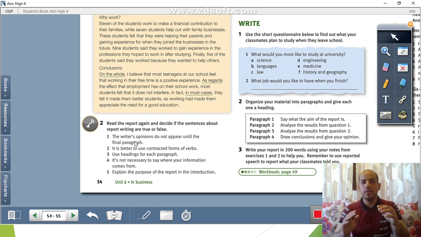The writer's opinion doesn't appear until the final paragraph. Is it right or wrong? Okay, tell me. It is better to use contracted forms of verbs. Yes or no? You have to tell me. Okay.